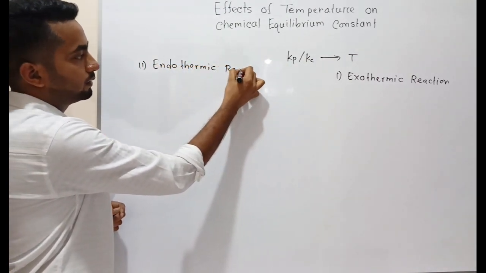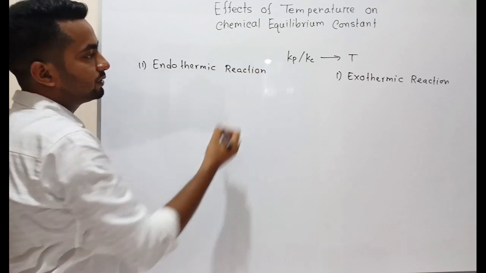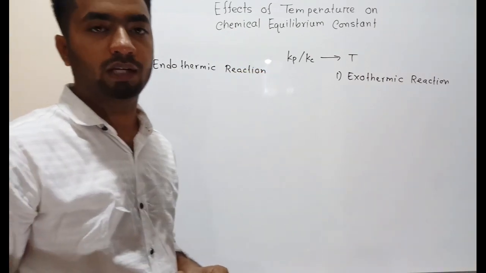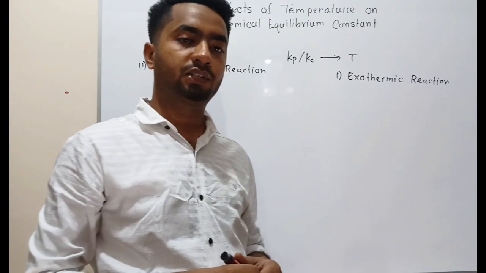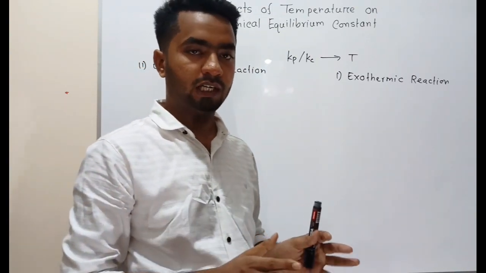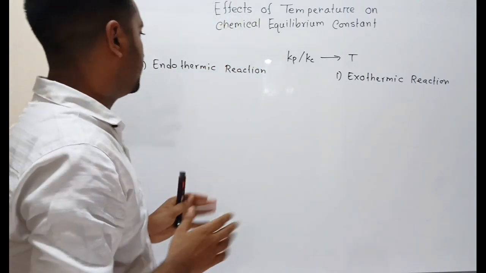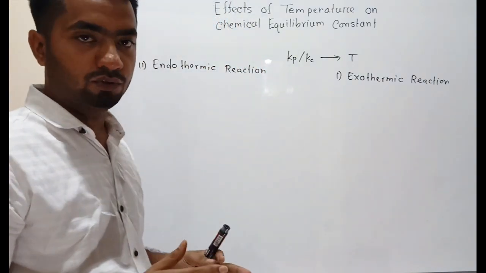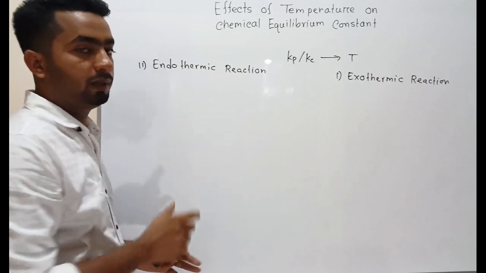What is called exothermic and endothermic reaction? Exothermic reactions are those where the system releases heat energy, and where the system consumes heat energy, this is called endothermic reaction.